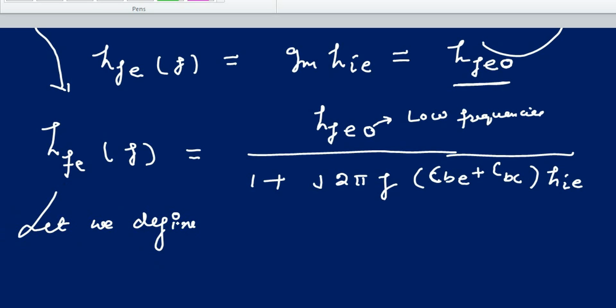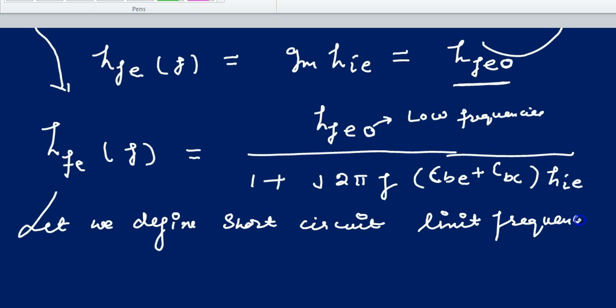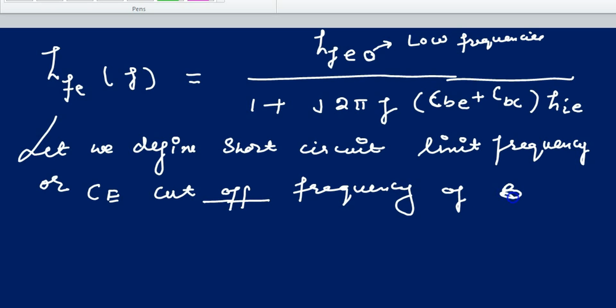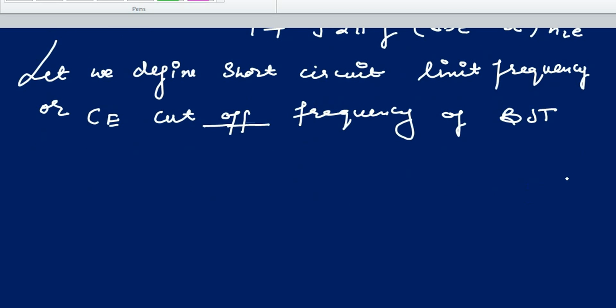Now we are defining a new frequency, the short circuit limit frequency, or CE cutoff frequency, defined as F beta.